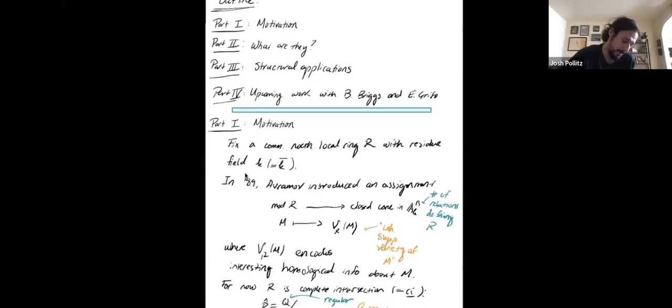May I ask a question, Josh? Yep. Can you go to the first page, where you were defining the cohomological support, the definition? Yes, here. So I have two questions. First, can you generalize this definition when your ring is not local?